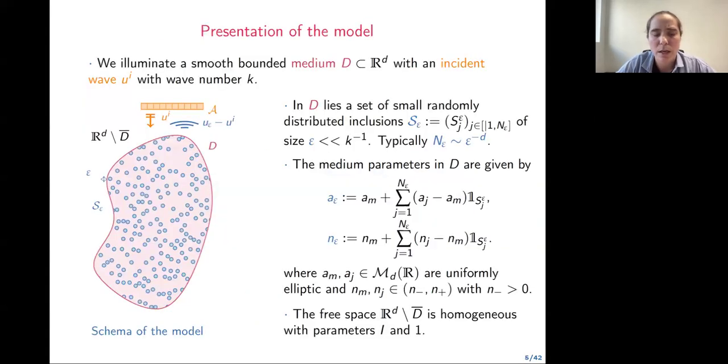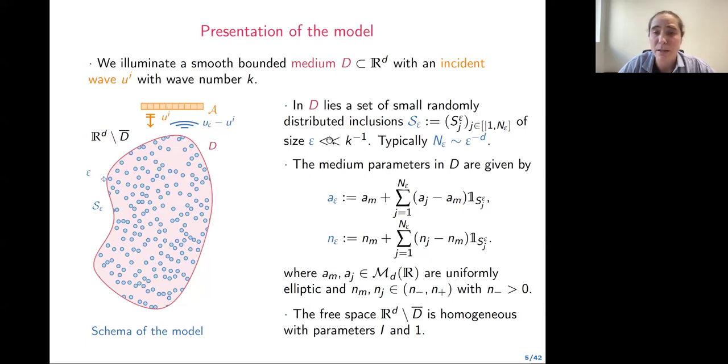So our model is the following. We model the tissue, the domain that we want to image, as a smooth bounded domain D here in pink. We have an incident wave UI from the array that is in orange. In D lies a set of small scatterers that are randomly distributed throughout the medium.